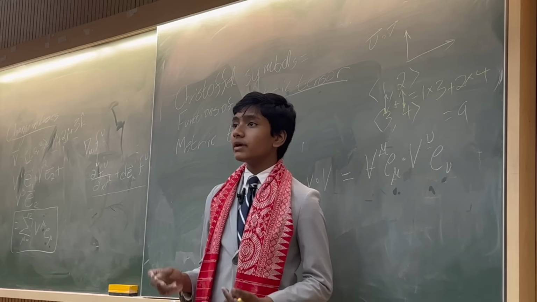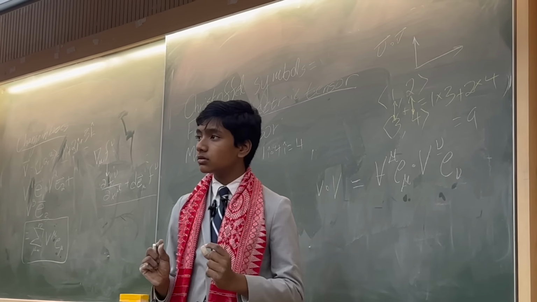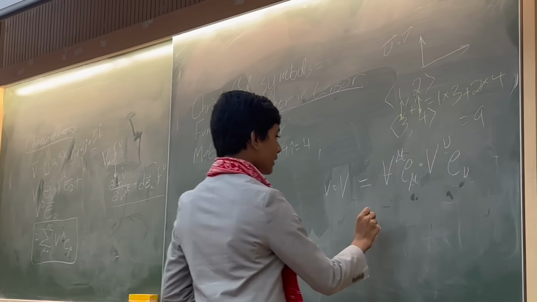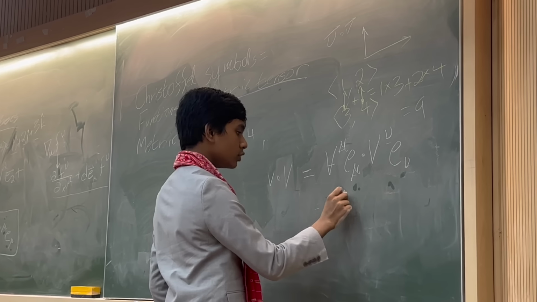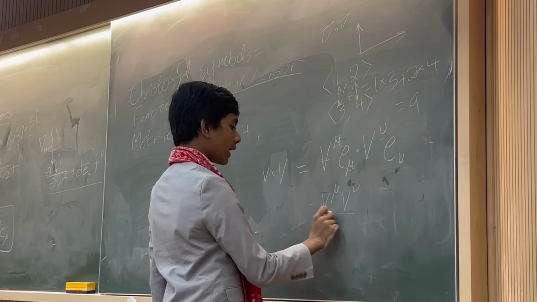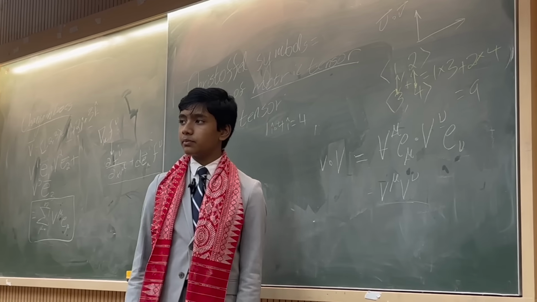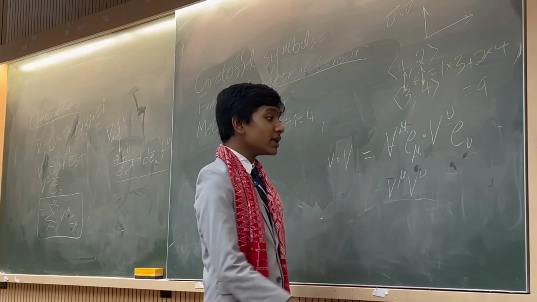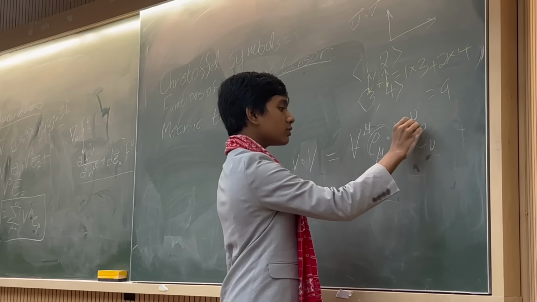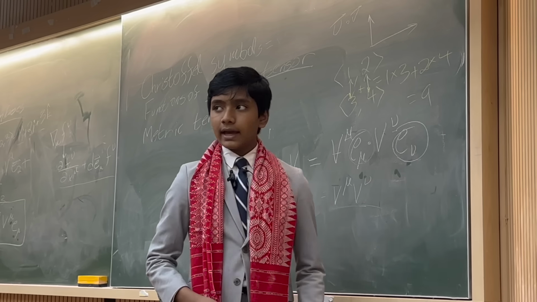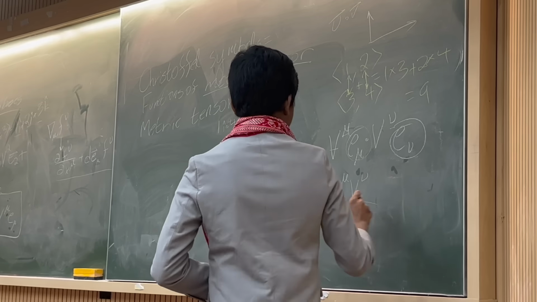So then, what we get is something very special. All we get is v mu v nu, and this, of course, can just be a proportionality constant. What we really care about is the product between e mu and e nu. And that is what we call the metric tensor.